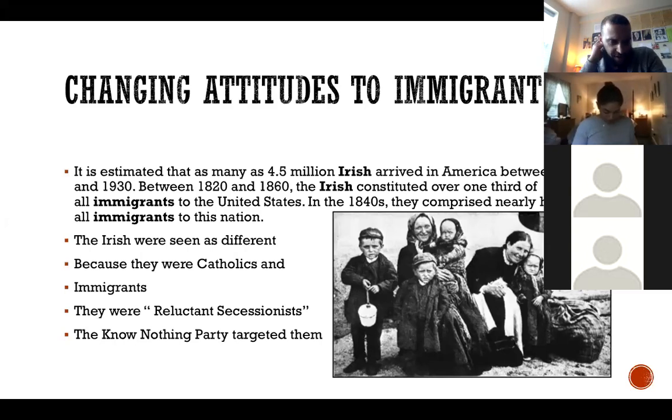They didn't share the same cultures and the same beliefs and the same history as Americans. Because they were Catholics, which was a big thing, a different belief. Most people here were Protestant, Methodists, we had Quakers, but the large majority of people here were Protestants, Methodists, Lutherans. They were not Catholics. So Catholics were just seen as different, and because they were immigrants.